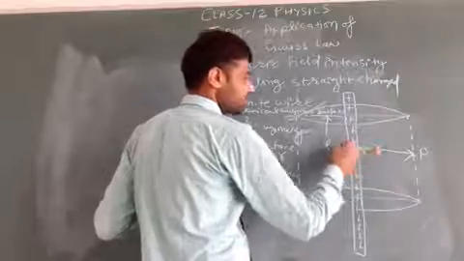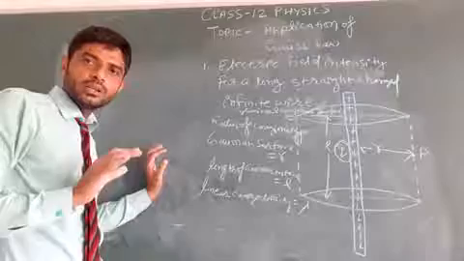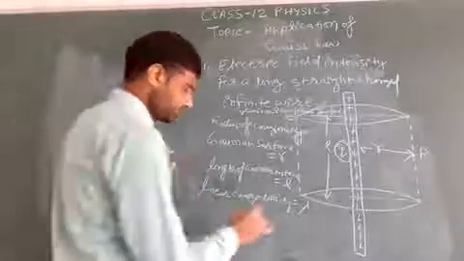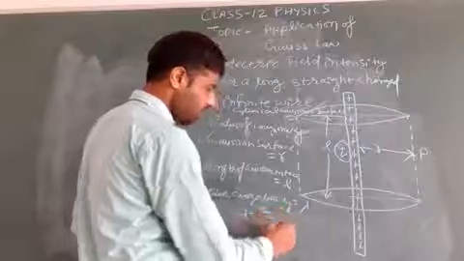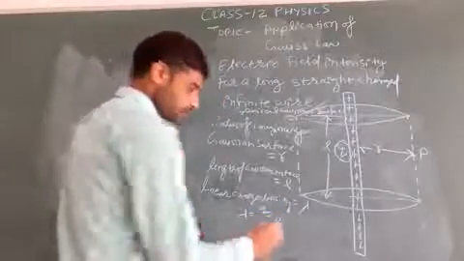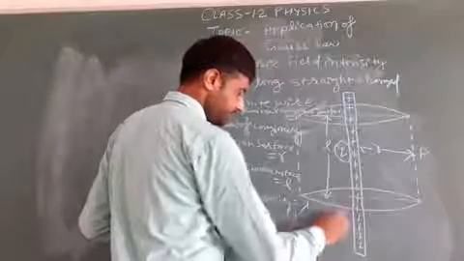This is the charge q enclosed by the Gaussian surface. So lambda equals q upon L, so the value of q is equal to lambda L.